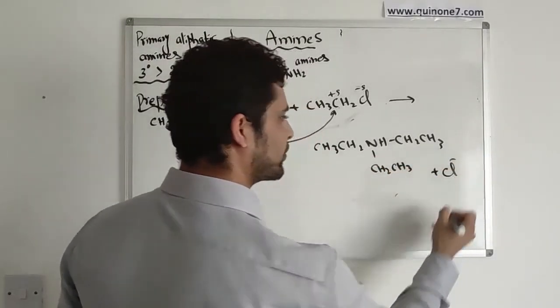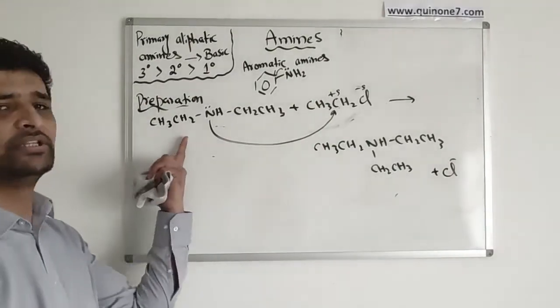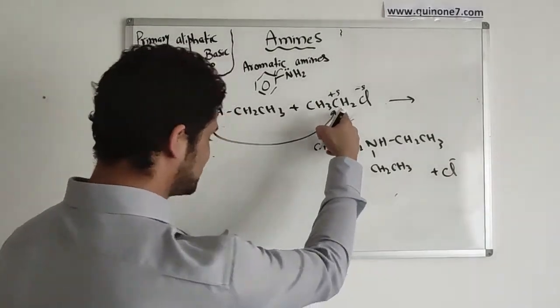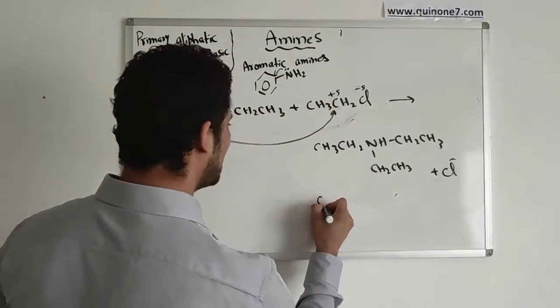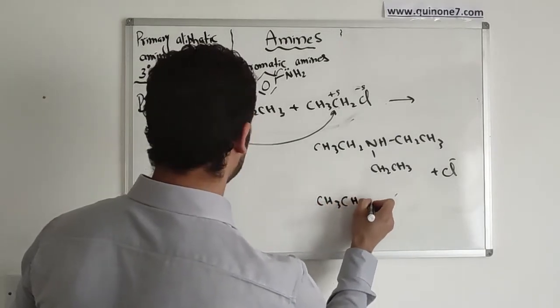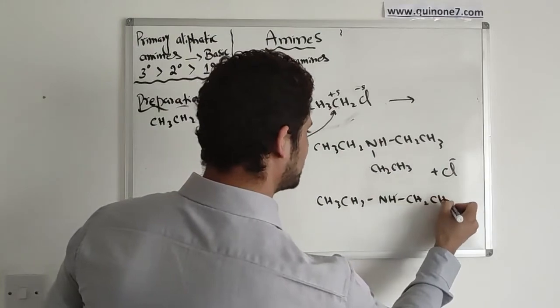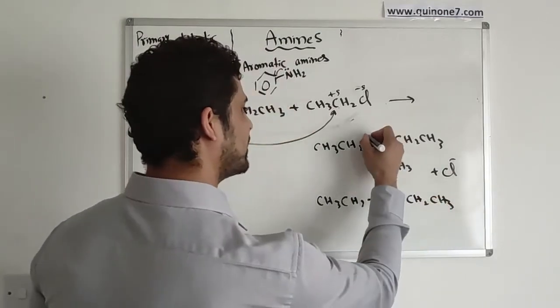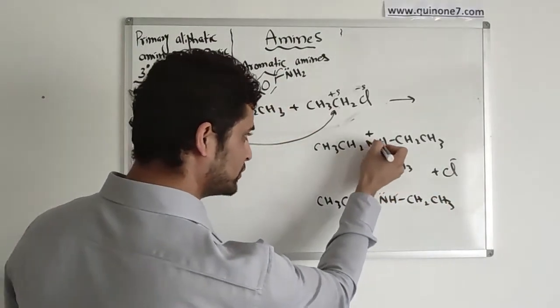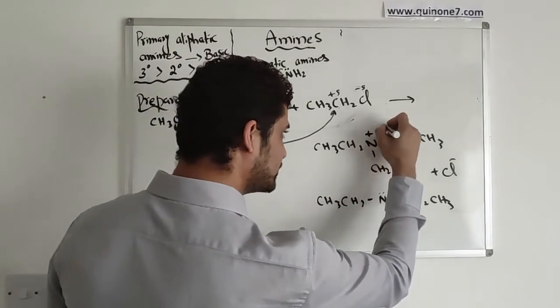And you will have an extra part of chlorine. Now, your starting material, obviously, this one is secondary amine. That will re-attack CH3CH2NHCH2CH3. That will attack back onto this nitrogen to remove this proton.